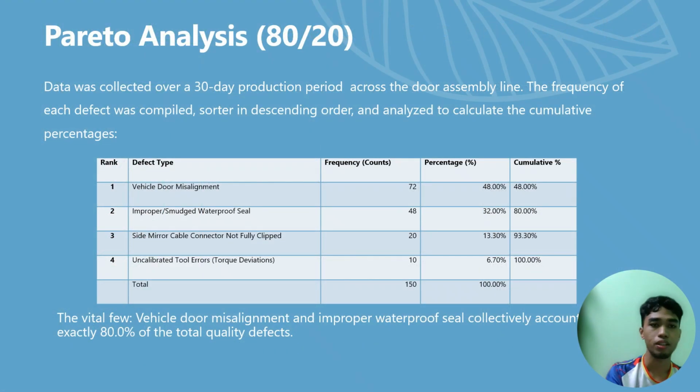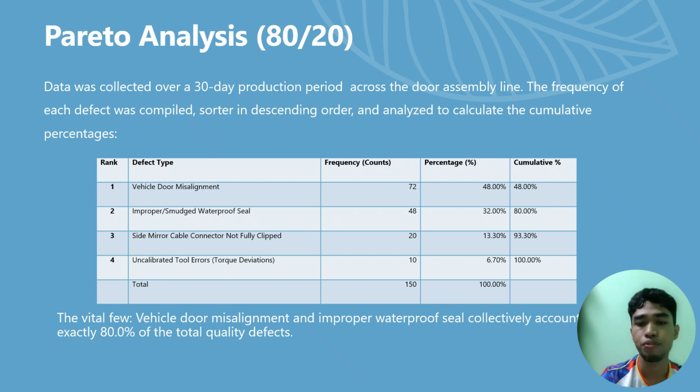For the Pareto analysis, the analysis was carried out using the collected defect data. The results show the vehicle door misalignment contributed 48%, with a frequency count of 72, and the improper waterproof seal contributed 32%.